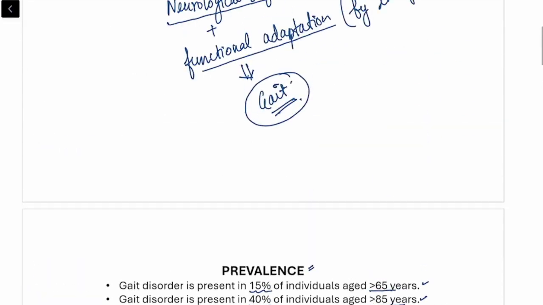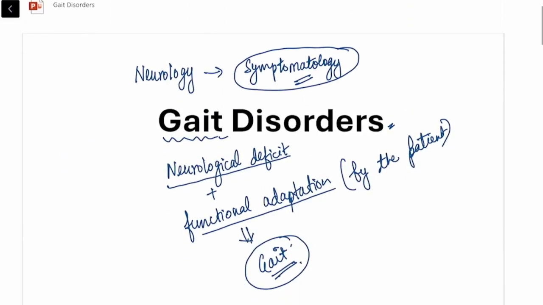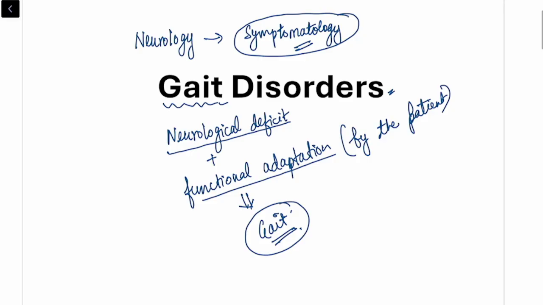I hope you have learned something from this video, and you can go through this video again and again, because these are the types of gait disorders, and they will be asked multiple times in your practicals, in your theory final exams, and even in your residency.